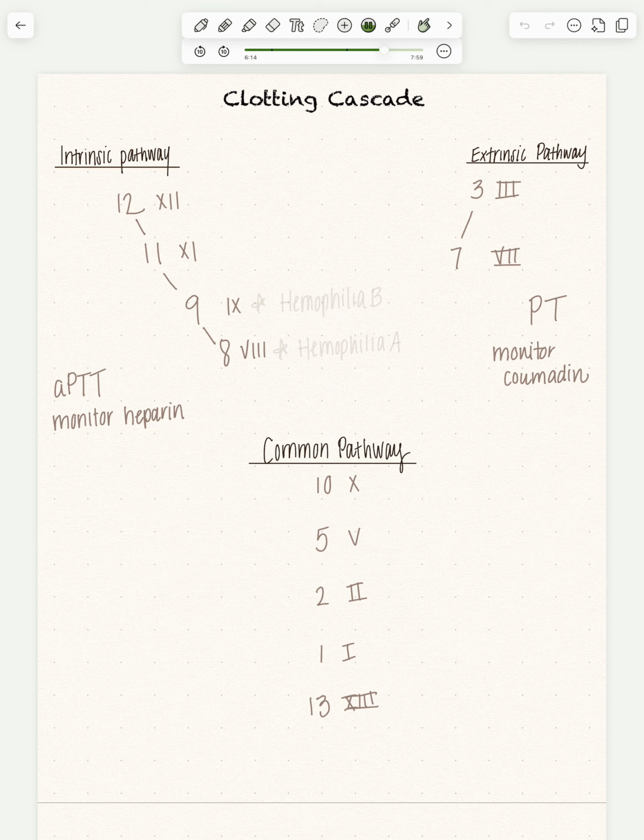If you had a factor 5 deficiency, you would have a prolonged PT and a prolonged APTT, because again, this is a cascade and everything comes together. The common pathway is what is shared between both the intrinsic and the extrinsic pathway. So again, you would have a prolonged APTT and PT if any of these were deficient.